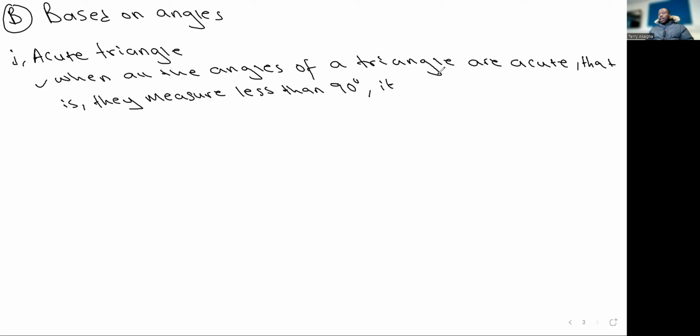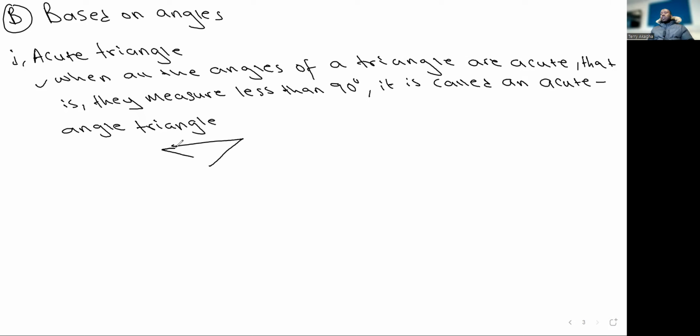It is called an acute angled triangle. So you have this: here is less than 90, here is less than 90, here is less than 90.